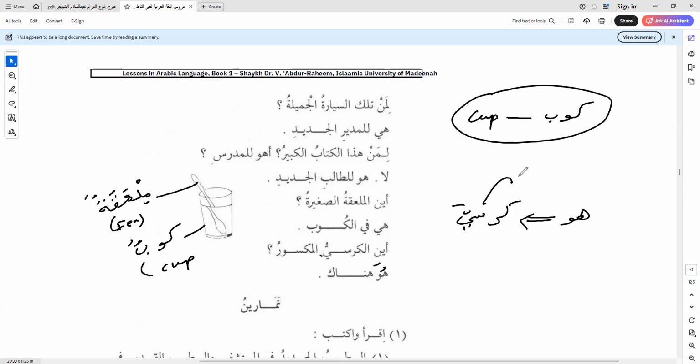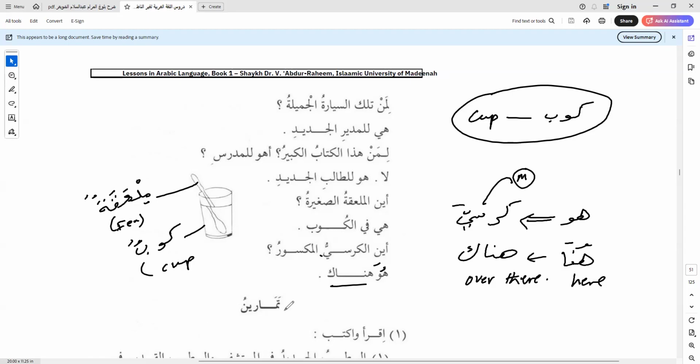Because the chair is considered masculine in Arabic, therefore huwa hunaka. The word هناك. We have هنا and then هناك. هنا means here, and then هناك means over there. It is over there.